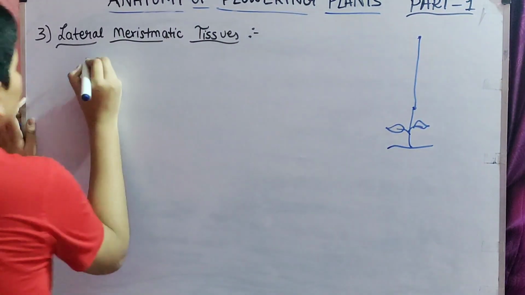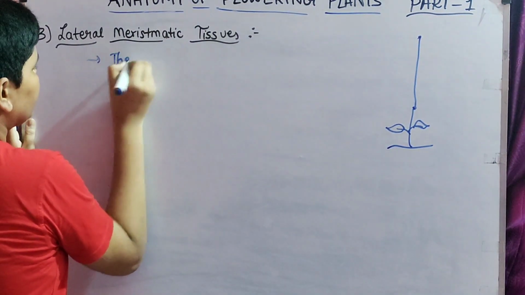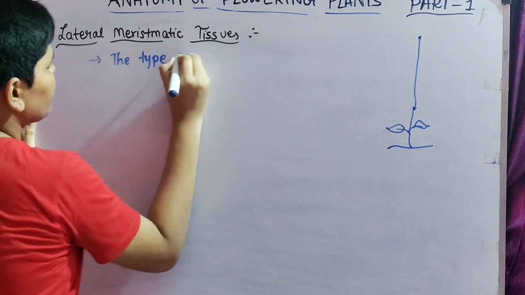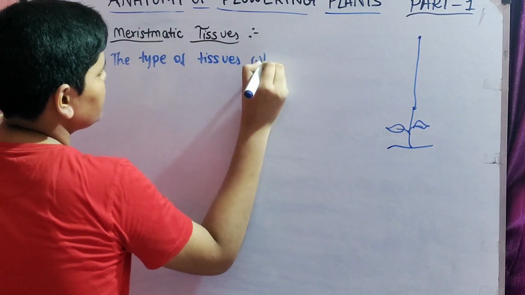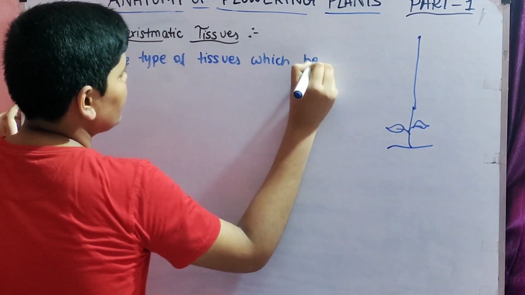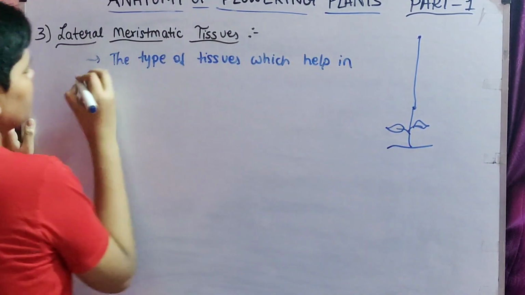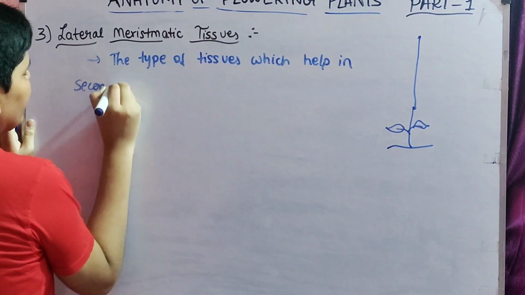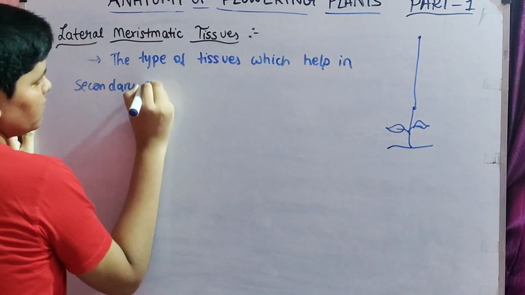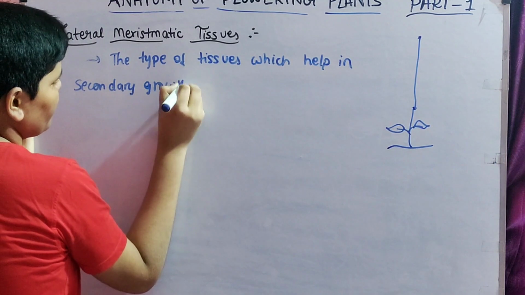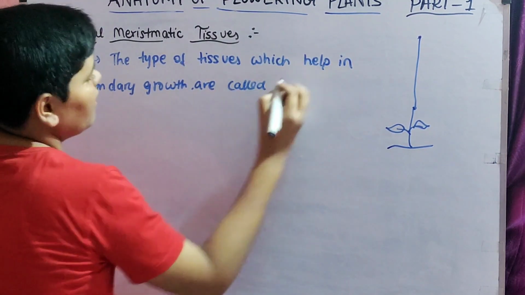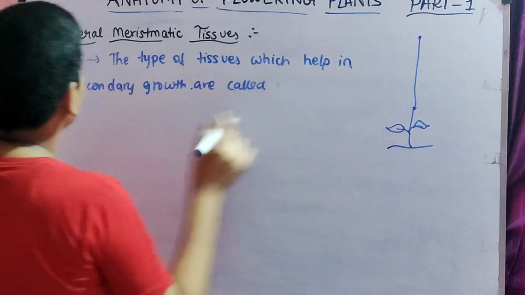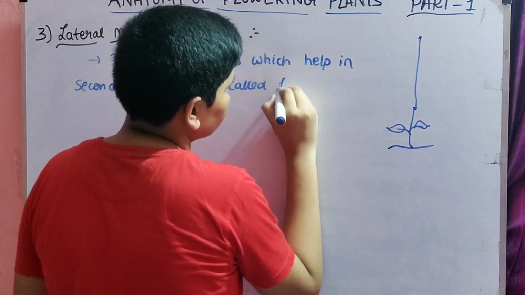So the type of tissues which help in secondary growth are called lateral meristematic tissues.